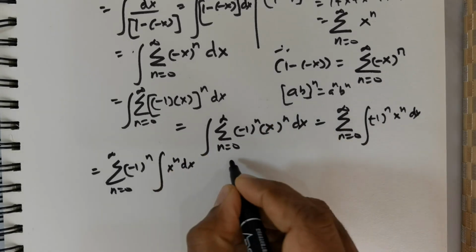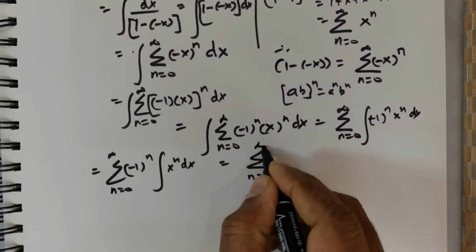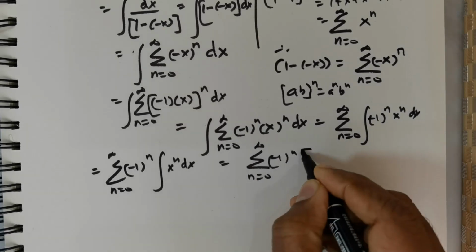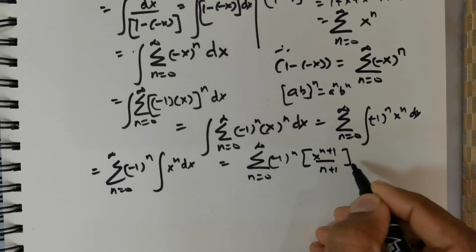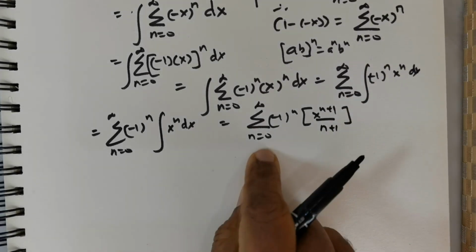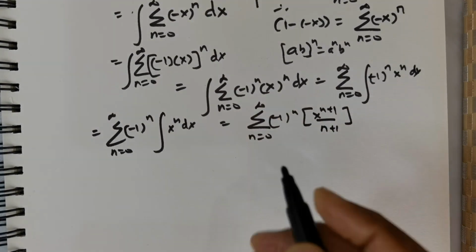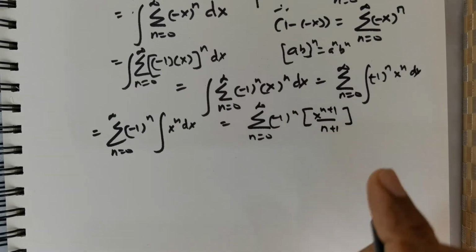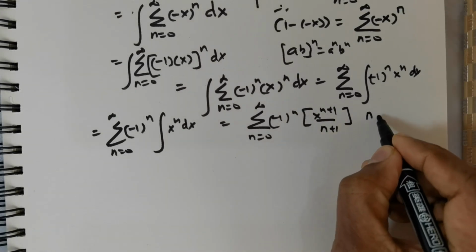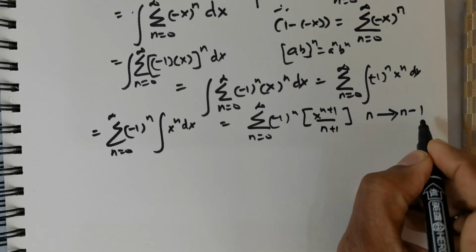Now integrate this. This is equal to the sum from n = 0 to infinity of (-1)^n times x^(n+1) divided by (n+1). Now I would like to make a transformation from n to n - 1.